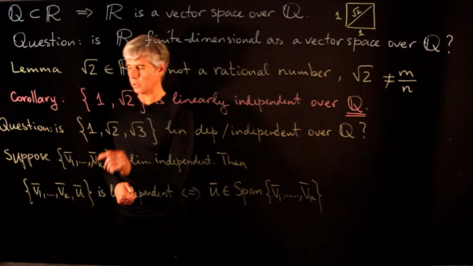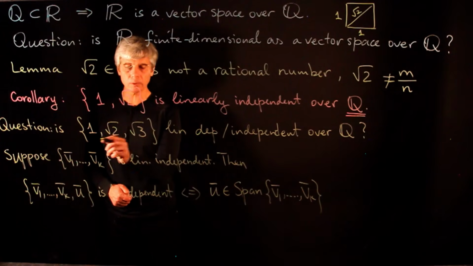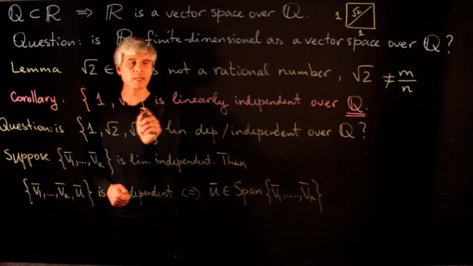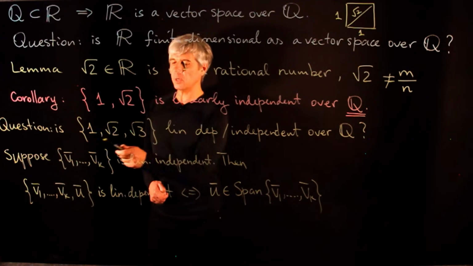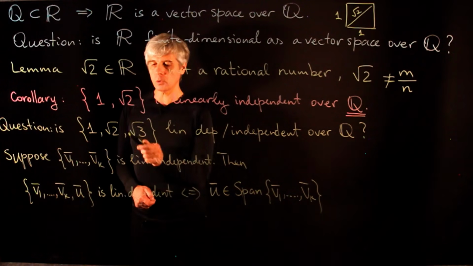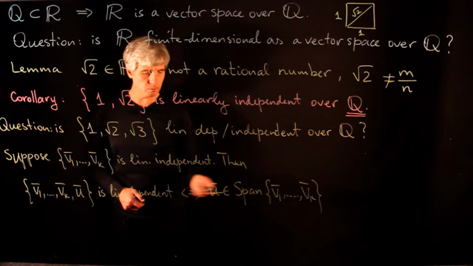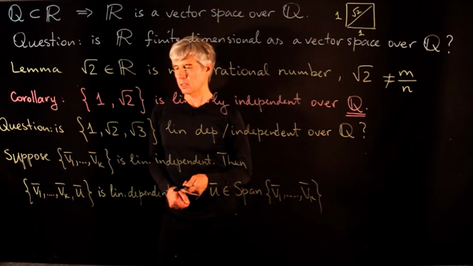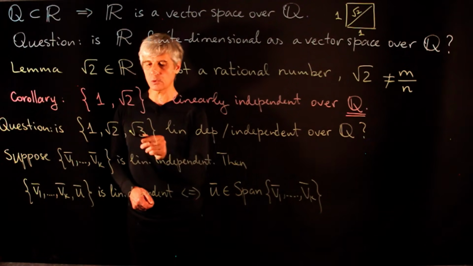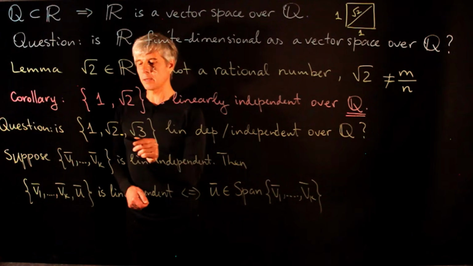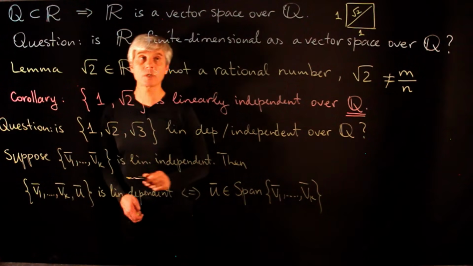And so this lemma that we proved in the previous lecture is applicable to this situation. Here we have a linearly independent set, 1 and square root of 2, and now we're enlarging it, and we want to understand linear independence of this. This result tells us that this question is equivalent to the question: is it true that square root of 3 belongs to the rational span of 1 and square root of 2?